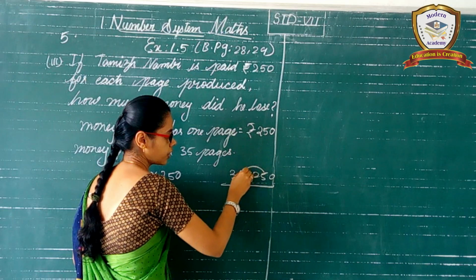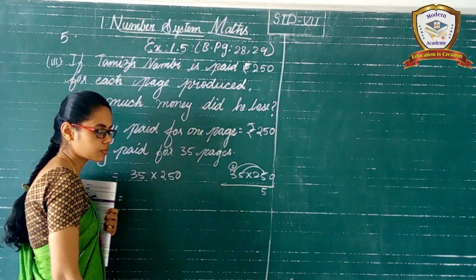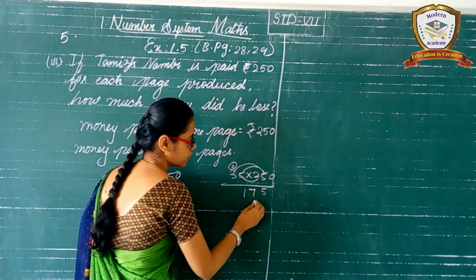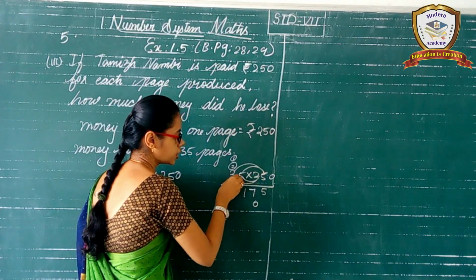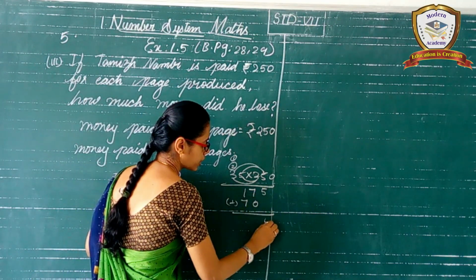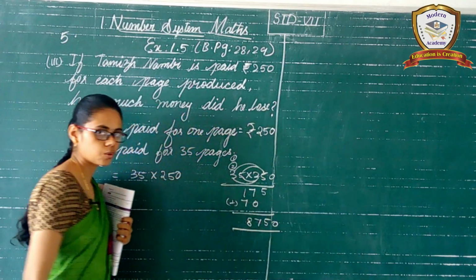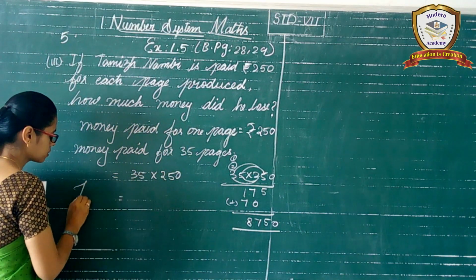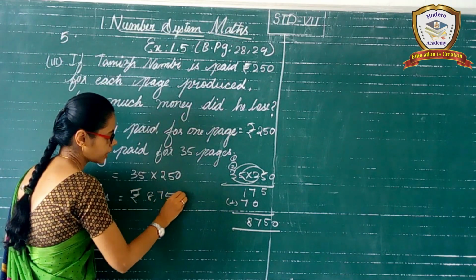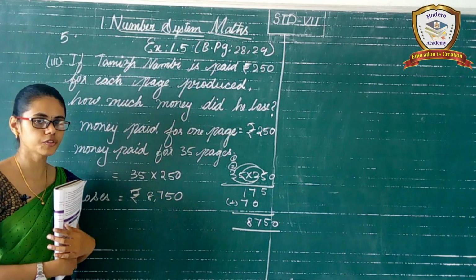We go to the next digit. 5 5s are 25, remaining 2, and 5 3s are 15. 15 plus 2, 17. And next 5 2s are 10, remaining 1, and 3 2s are 6. 6 plus 1, 7. And we need to add 5. 7 plus 0, 7. 1 plus 7, 8. Finally we want to add 0. Okay. So totally the loss is how much amount? That is 8,750. Okay. So finally he lost the amount 8,750. Clear?